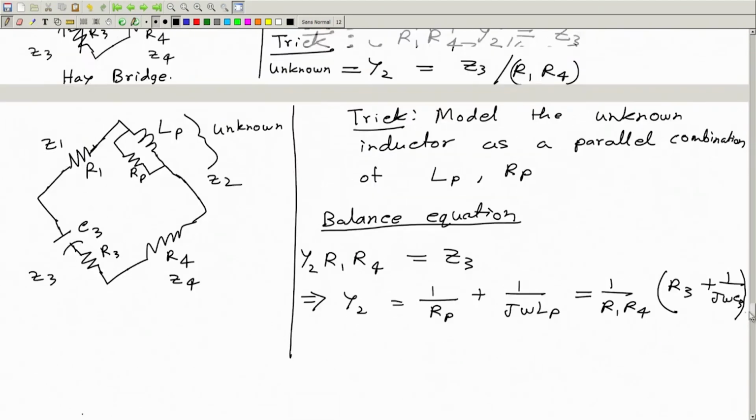Okay, and this will imply, now equate real to real. So, 1 over Rp is this.